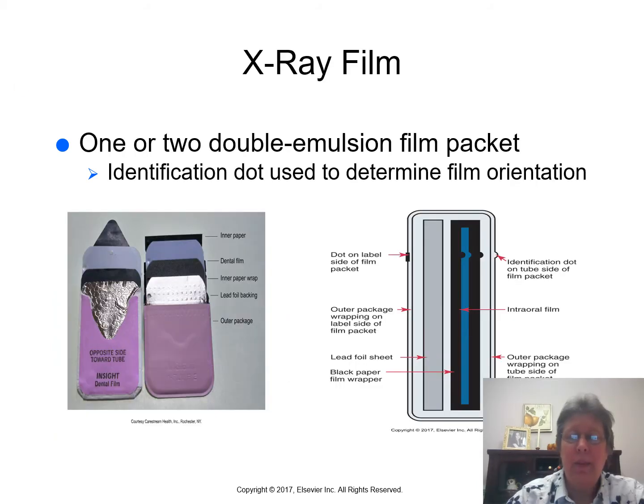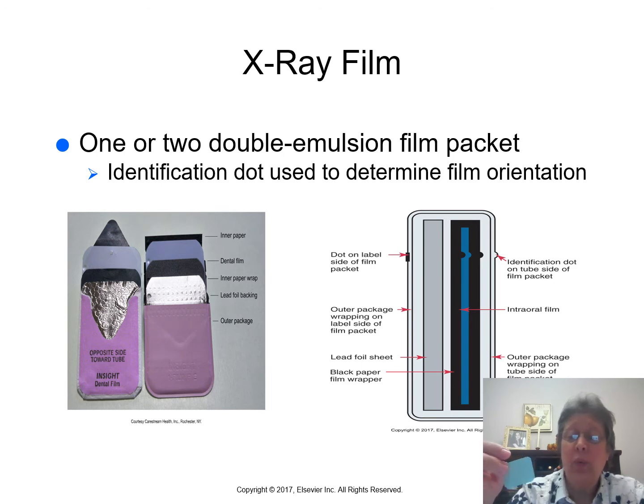Let's talk a little bit about the X-ray film. We've talked about inside of that packet, we can have either a single film base, or we can have 2 film bases. The reason we would have 2 film bases is if we want a duplicate X-ray, because when we have 2 film in one packet, we get the exact same image with the same quality.